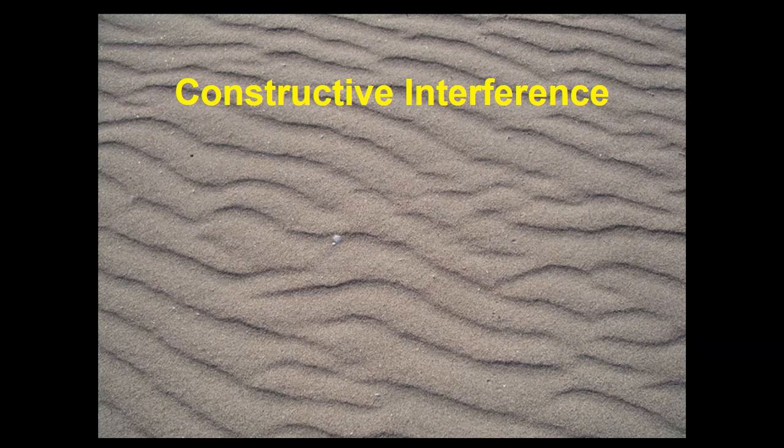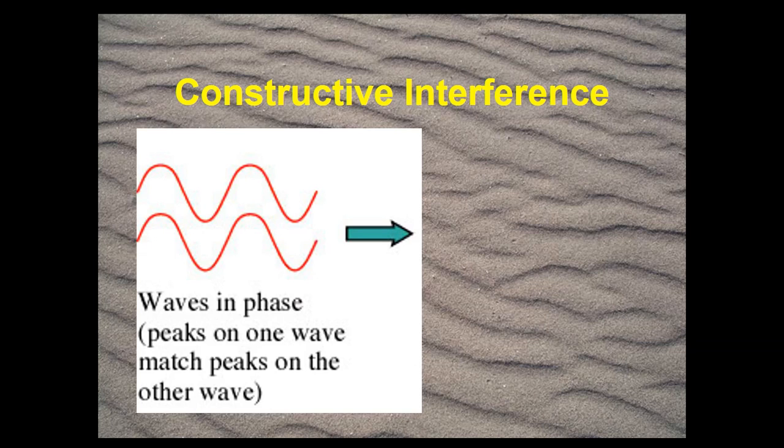Another thing we see with light, and with other types of waves, is something called constructive interference. If you have two sources of light of a single wavelength, here the red showing a single wavelength of red light, and they are constructively interfering, that means they're exactly in sync.